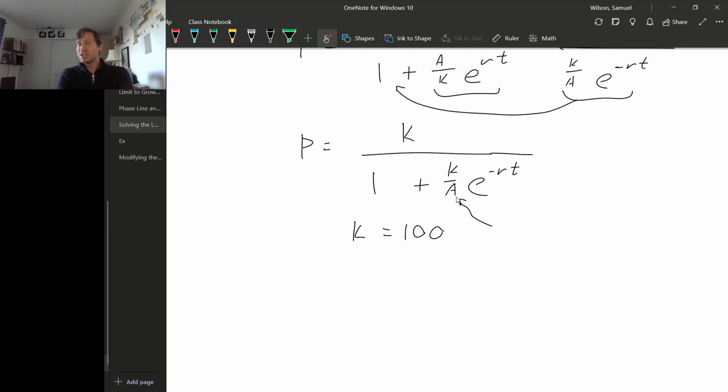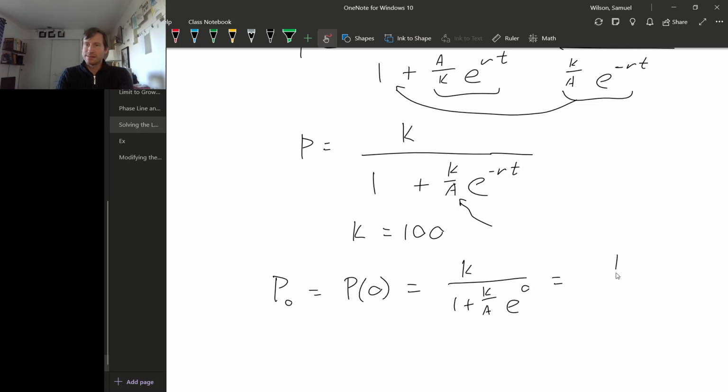To figure out the relationship between A and the initial population, let's call the initial population P sub 0, that's P of 0. If we plug in 0 into this, we get K over 1 plus K over A e to the 0.